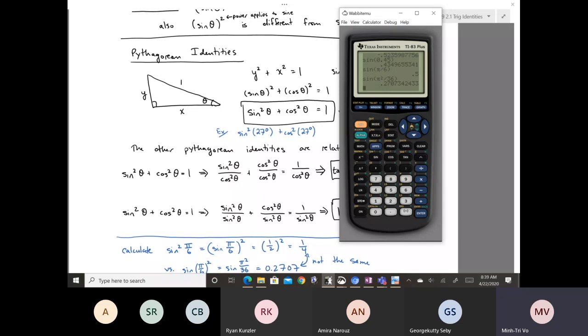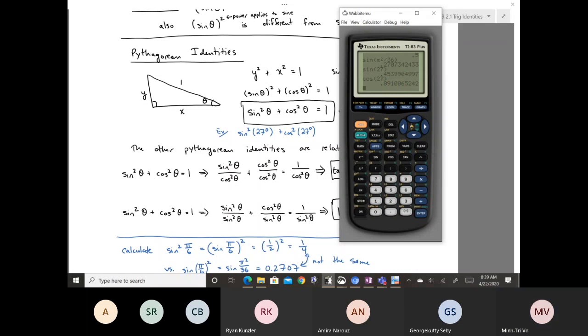Here I've written it in degrees. Before I was working in radians, so let's make sure I'm working in degrees now. You see how sine of 27 degrees is some long decimal number, and cosine of 27 degrees also is some long decimal number.